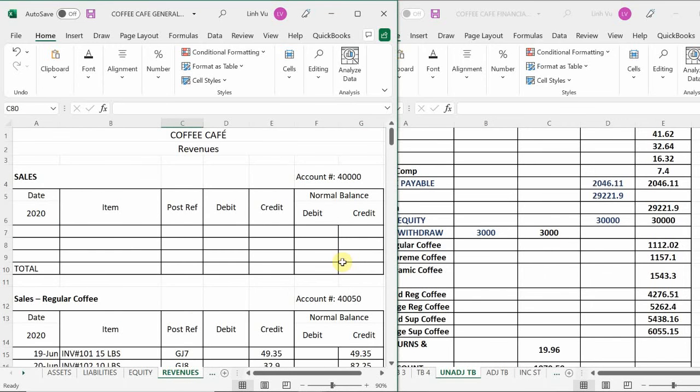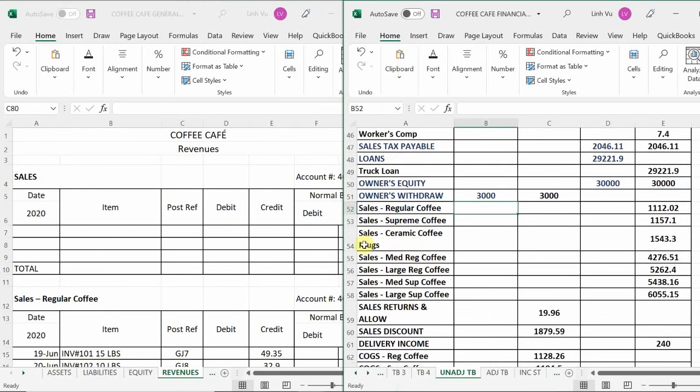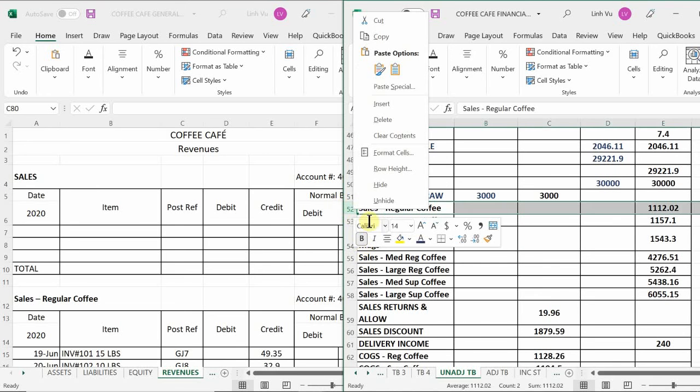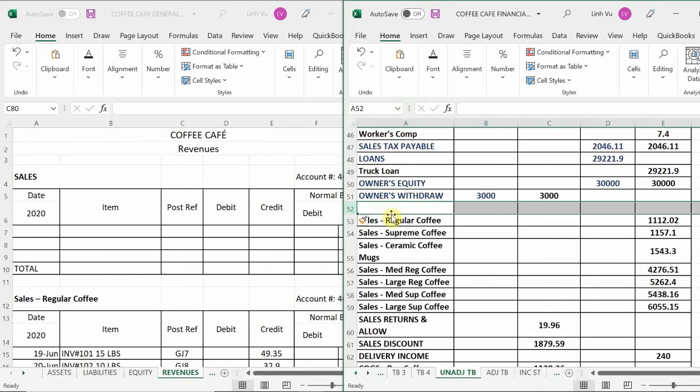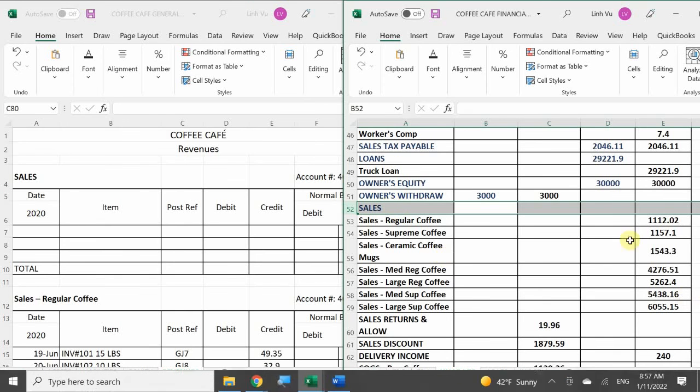Then going on to my revenues. My revenues, we're going to be inserting a main account here, which is going to be my total sales. So insert sales. Okay, so this makes it much easier to total up your total sales without having the breakdown of how much you sold of everything.